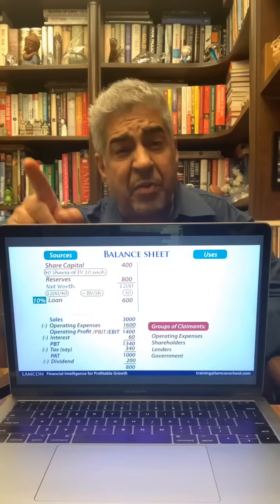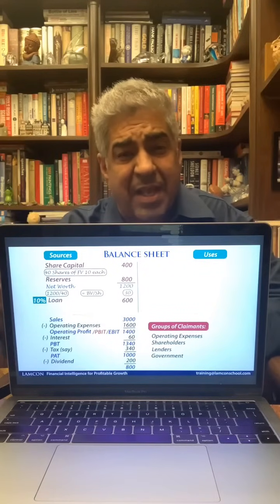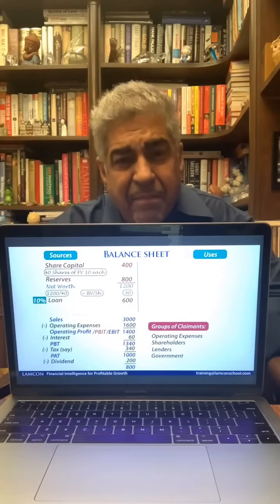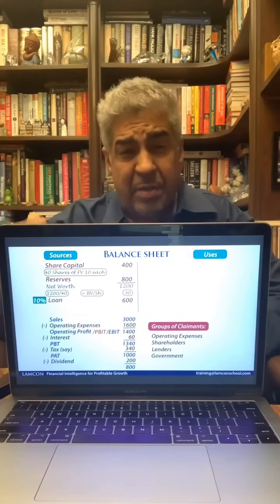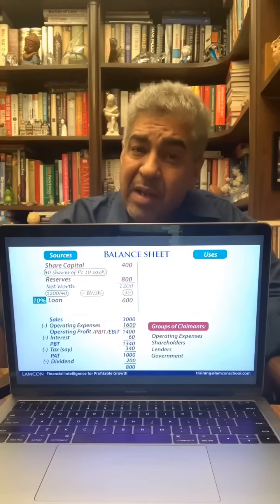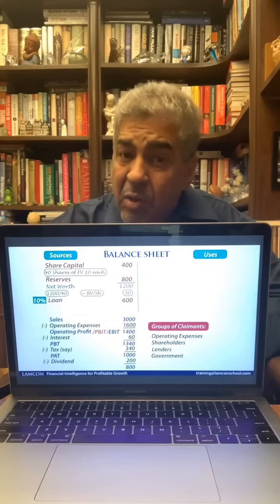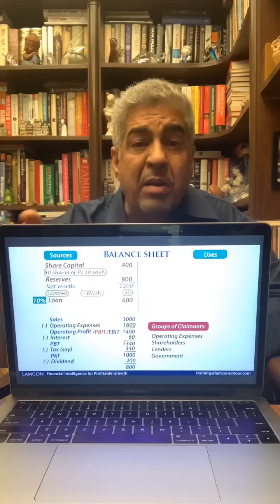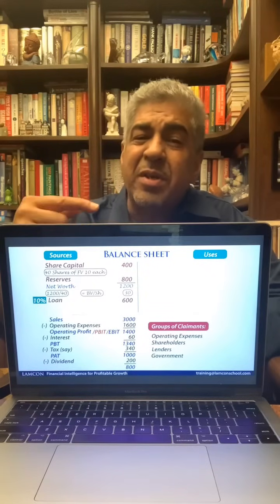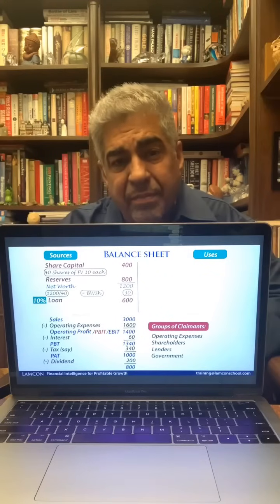What's the difference between the owner's first contribution and the second contribution? In the first case, the owner physically invested the money. In the second case, the owner may not have invested the money in cash, but they left behind what they could have legitimately taken home. So item number 1 is the owner's direct contribution. Item number 2 is the owner's indirect contribution.